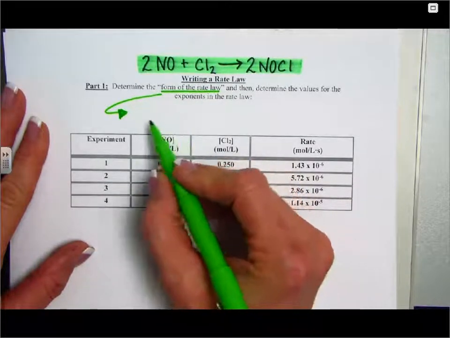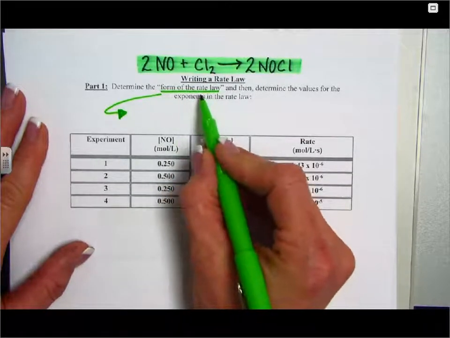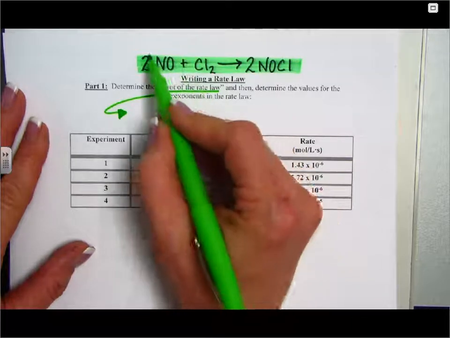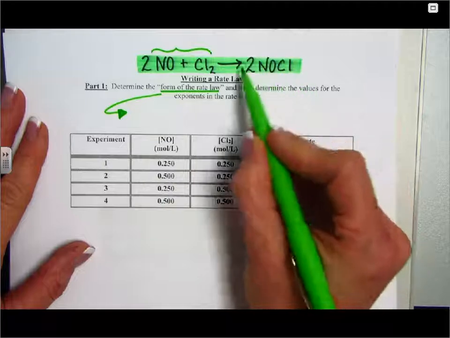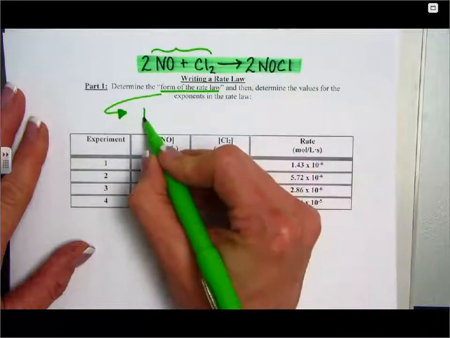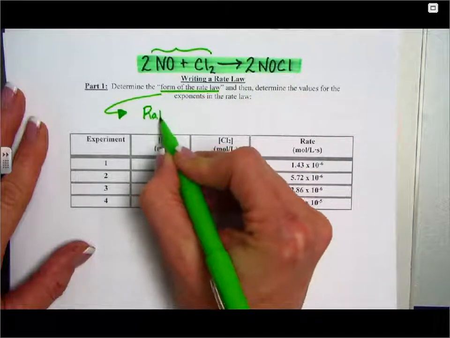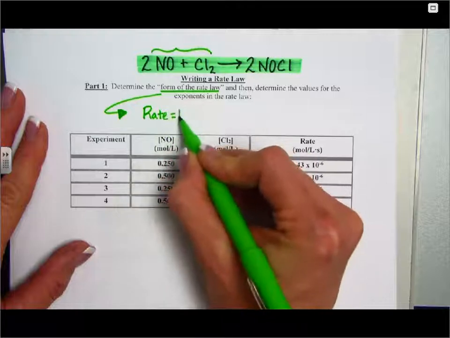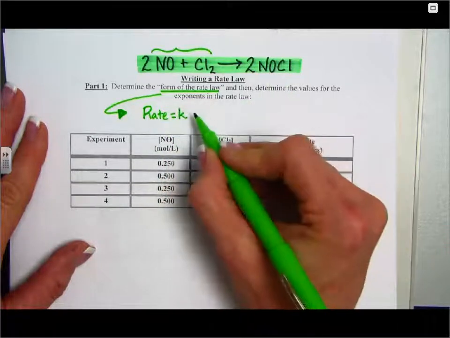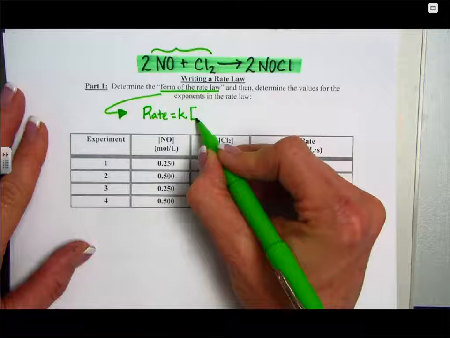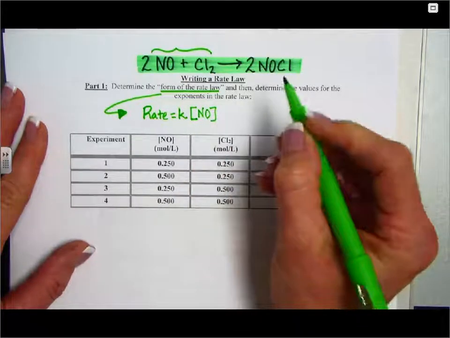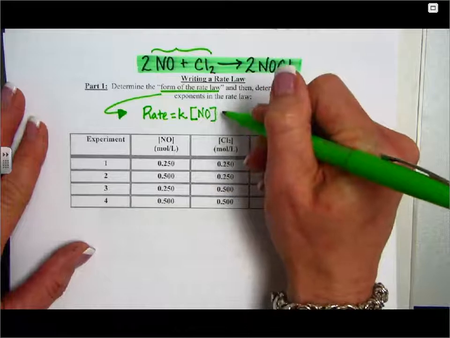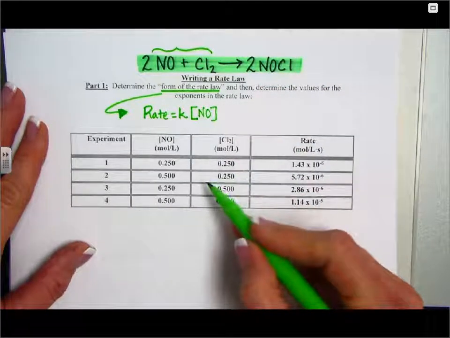The first step is to write the form of the rate law. So remember, we're using method of initial rates, so we can ignore the products. So the form of the rate law for this one is rate is equal to k, your rate constant, times the concentration of the first reactant, NO. Now remember, in the rate law, the exponents have to be determined from the experimental data we have down here.